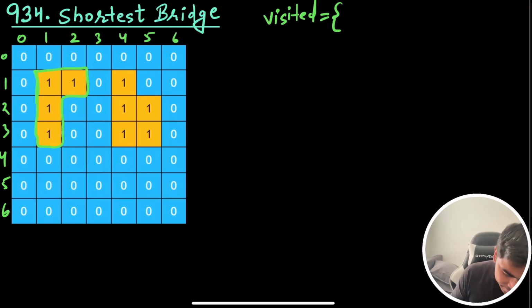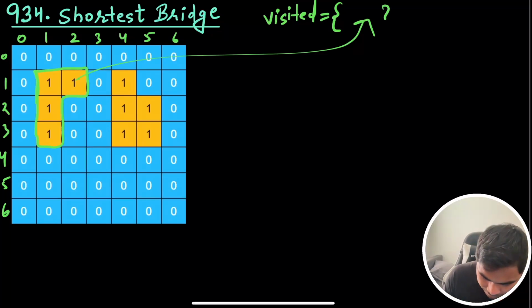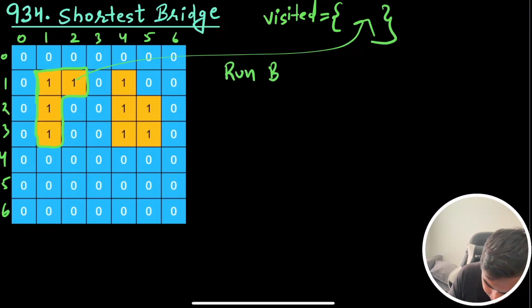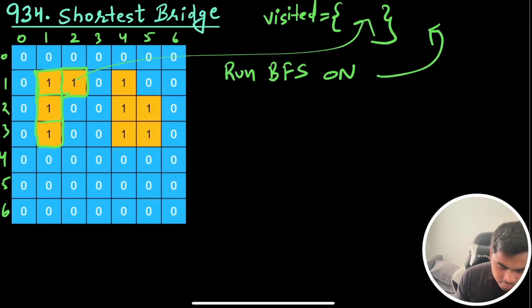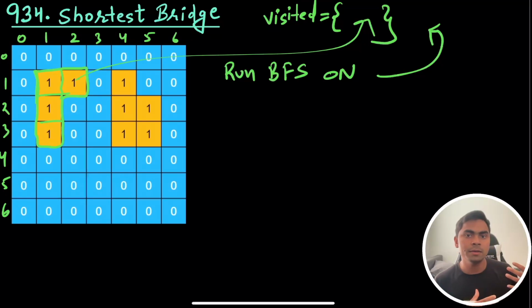Once you add all of these to your visited set, you will run BFS on all these pairs of values, which represent row and column for all the cells of this first island. From here we will be running BFS so that we can reach the other island.